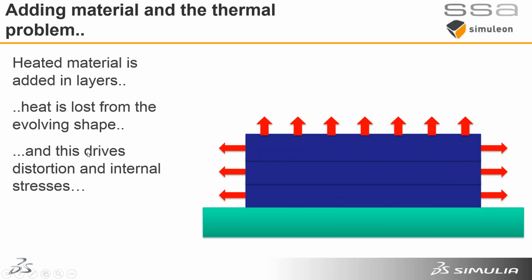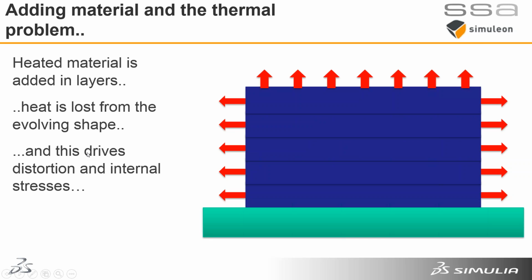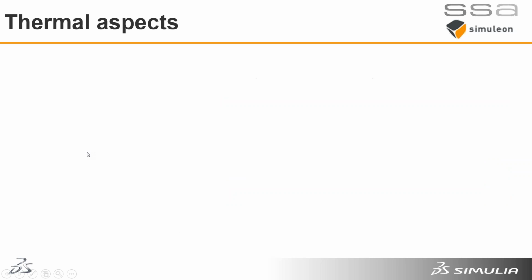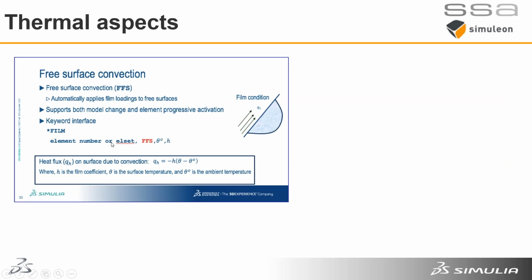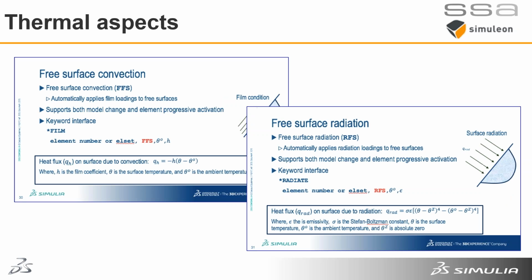And so we need to be able to lose heat from the evolving surface. In Abaqus 2017, these are handled using two new commands: free surface convection, which is obviously the convective loss from the newly built surface, and free surface radiation. So we can handle the heat losses from those evolving surfaces.